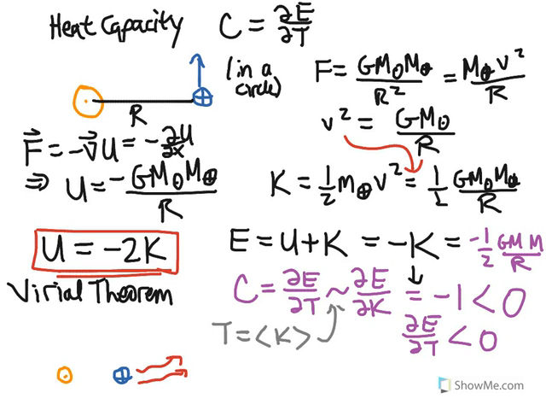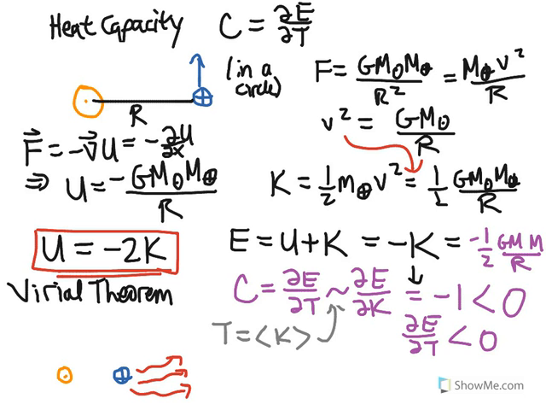Like, I shoot off a lot of energy. And so you would think that because you're shooting off energy, there's less energy in the earth, and so it's going to slow down the earth, right? Because energy kind of measures how fast things are going, so if you lose some of it, then you're going to go slower. But that turns out not to be the case for this gravitationally bound system.